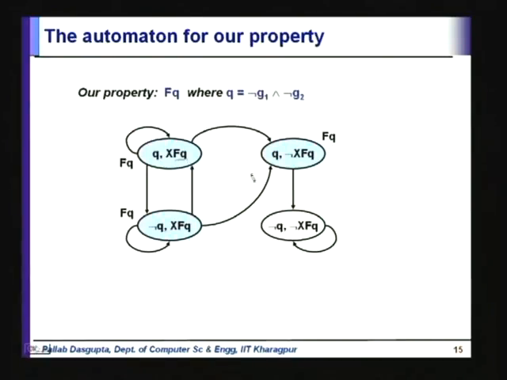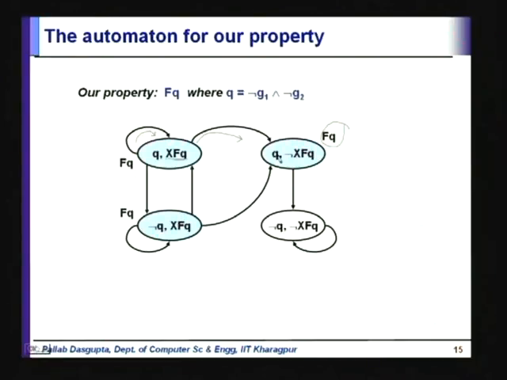So, in our example, we have this edge here because this has XFQ and we are putting an edge to this state because it has label FQ. So, we put this edge. Similarly, we put an edge from this to this. Why? Because this has XFQ and this is labeled by FQ. Similarly, this has XFQ and this has label FQ, so this edge. And similarly, this has XFQ and this is FQ, so this edge.